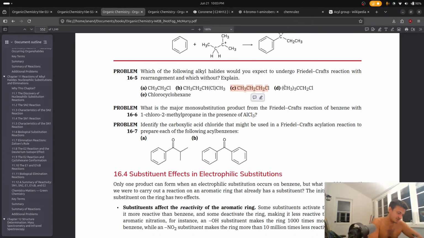I think it's just like a tert-butyl. What is it called? Tert-butyl benzene? Let's see.